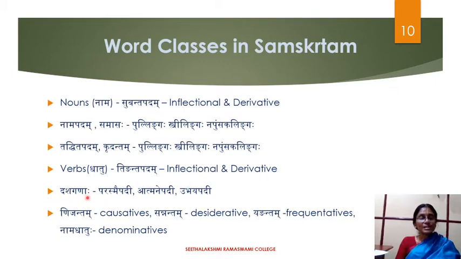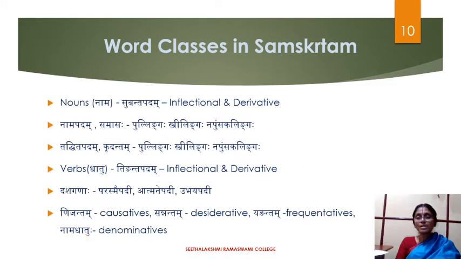In the Dashaganas, you have more than 2,200 roots divided into 10 ganas or groups in Samskritam, and in all those we also have Parasmapada and Atmanepada and Ubhayapada classifications. All those will come under this, and Nijanta causatives, Sannanta desideratives, Yanganta frequentives, and Namadhatu denominatives.